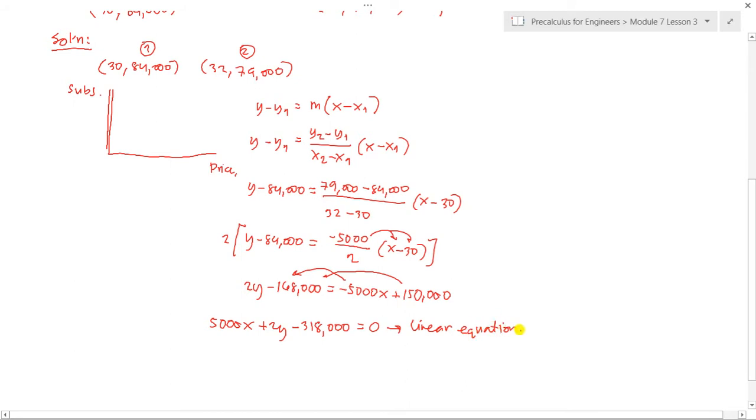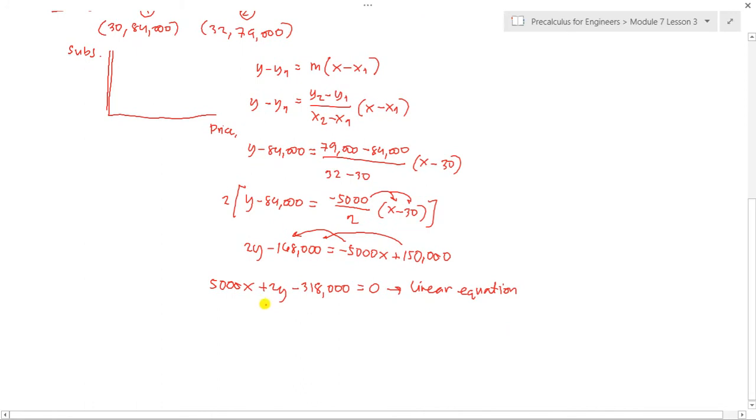Now if we're going to write this in terms of y, y is equal to 5,000 divided by 2, which is 2,500, so y equals negative 2,500x, then plus 2,500 times 30 equals 75,000, plus 84,000.